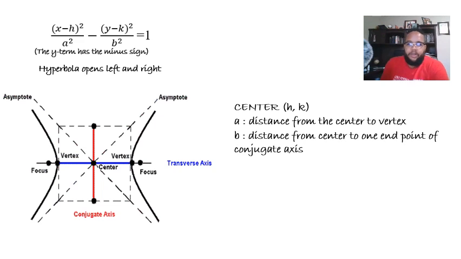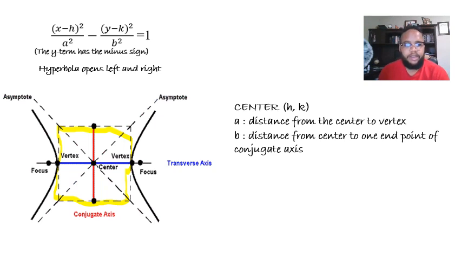b is a distance from the center to one endpoint of the conjugate axis. And that conjugate axis has really one purpose, and it's to draw this box right here. You see this dotted line box? Well, the sides of the box are at the vertex and at the end of the conjugate axis.